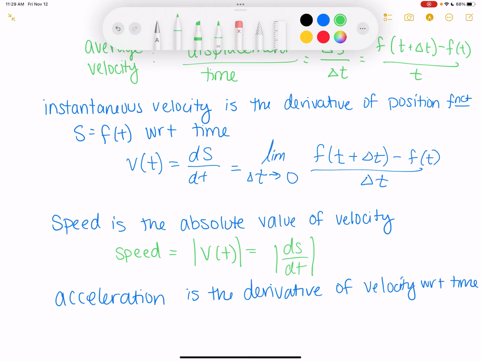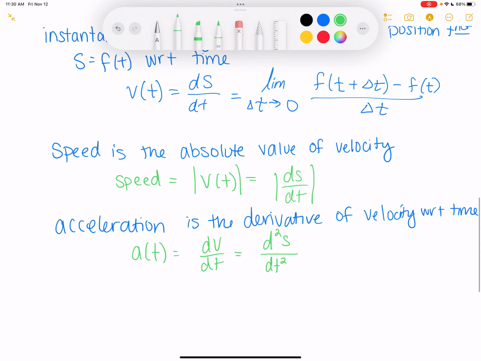So a of t is equal to dv dt, which is equal to the second derivative of position. That's how we write the second derivative there, d2s over dt2.